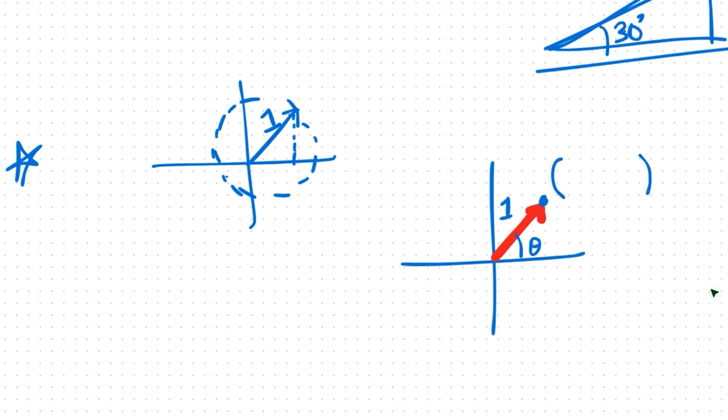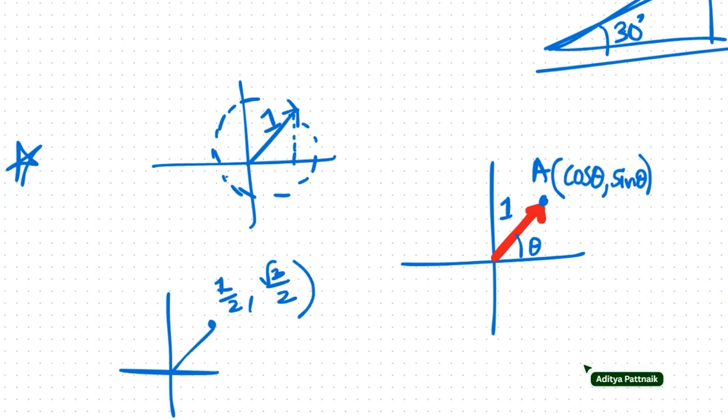The x coordinate of the point, since you know what r is, would be cosine theta, and then sine theta. Simple. So let's say this time is a bit reversed. The coordinates are given. Let's say 1 by 2 comma root 3 by 2. Find the principal angle. This is the question.